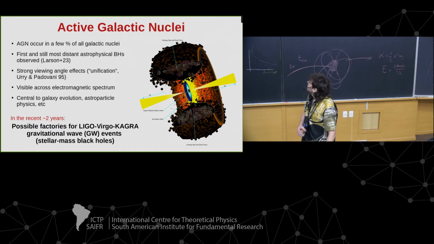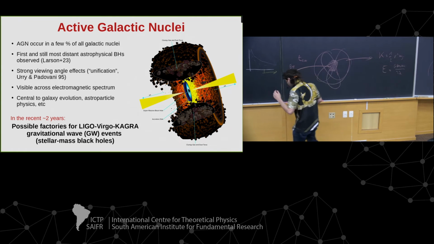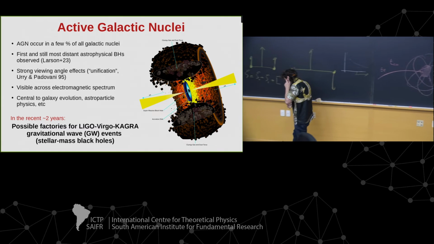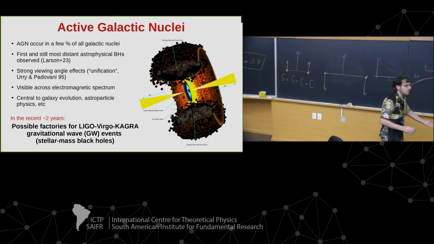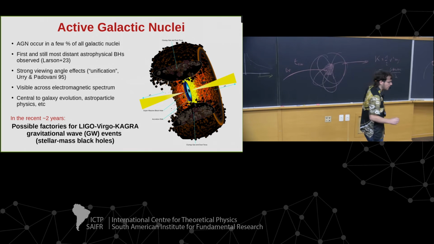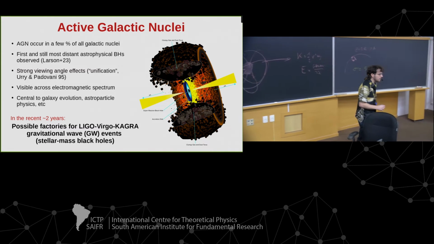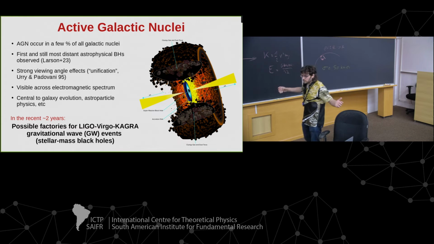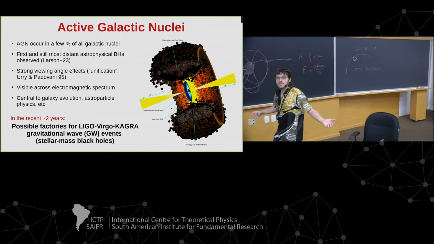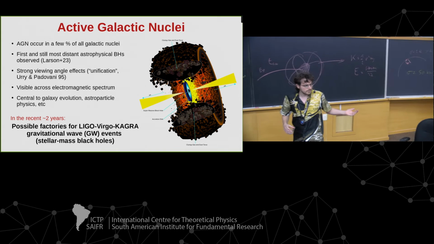Questions? No questions. Good. So, moving on to the topic that actually connects both planetary physics and gravitational waves: what happens if you have mergers in an active galactic nucleus. So basically, a big accretion disk at the center of a galaxy.